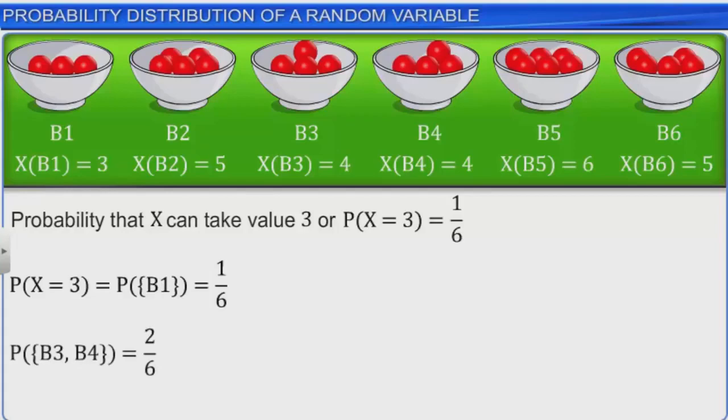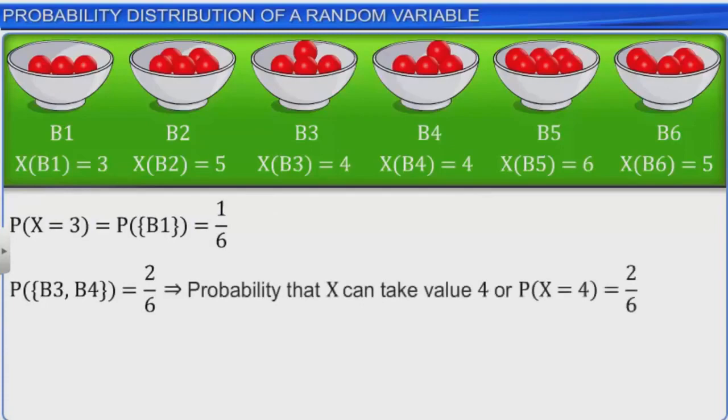This implies that the probability that X can take the value 4, or P of X equal to 4, is equal to 2/6. In other words, the probability that X can take the value 4 is equal to the probability of selecting a bowl with 4 marbles, which is equal to 2/6.